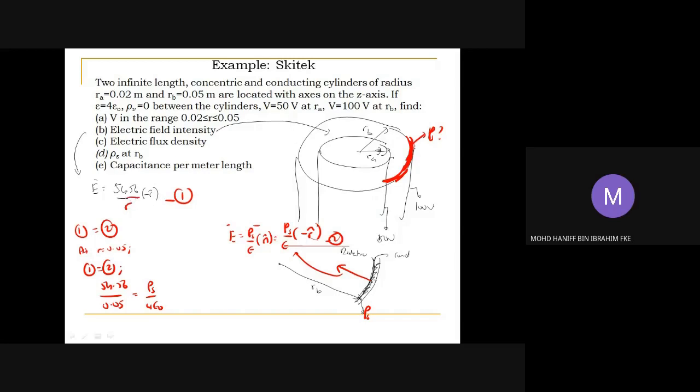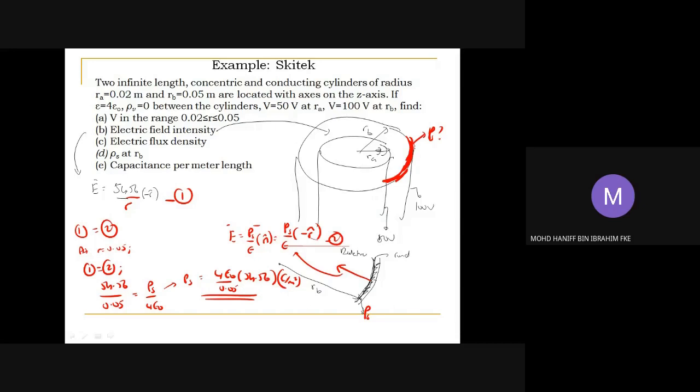To be exact, at this boundary, which is at RB, we just need to substitute the value of R to be 0.05. As such, rho s equals 4 epsilon naught divided by 0.05 multiplied by 54.56. That gives us rho s, the charge density in coulombs per meter squared.